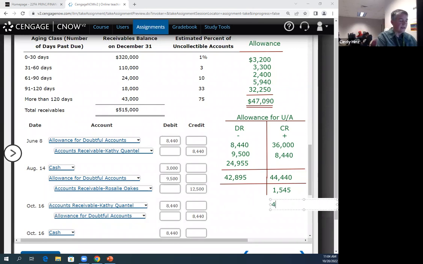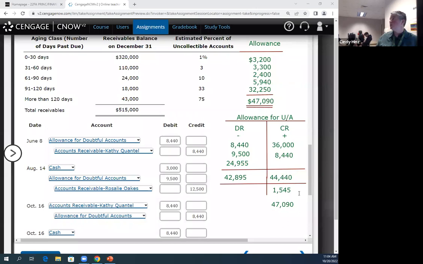In other words, in this account that we've just balanced down here in the T account, right now it has $1,545 on the credit side. We want it to have $47,090. So how do I get the balance to what we want it to be?